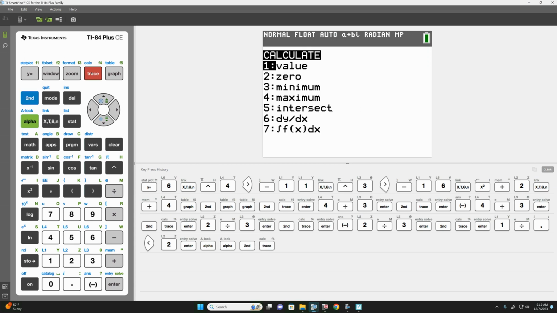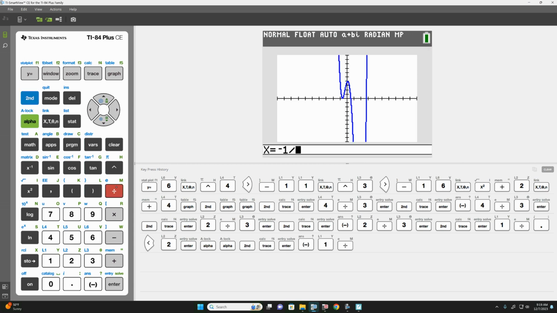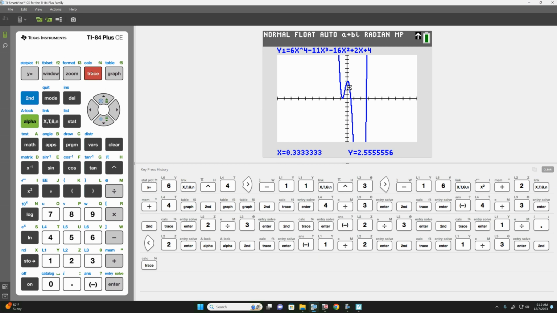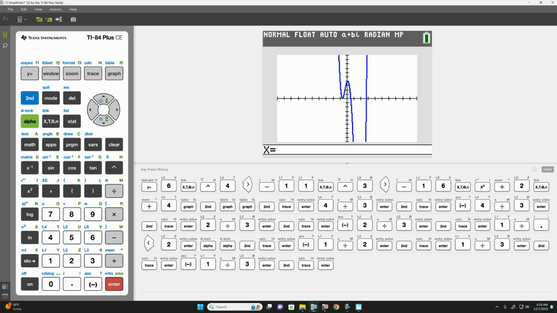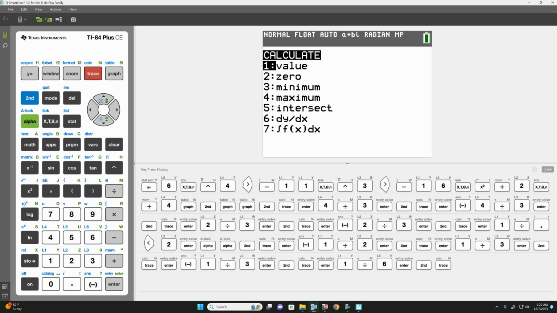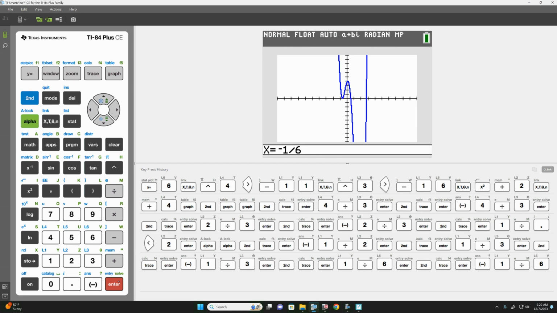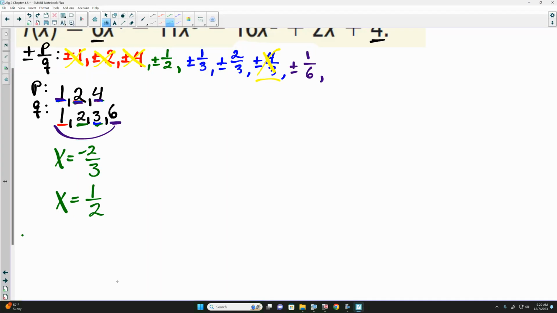Second trace value, negative 1/2. This is this here. And we can do the other values. 1/3 does not work. Negative 1/3 does not work. We did 2/3. I think the last one's 1/6, isn't it? So none of the rest work.